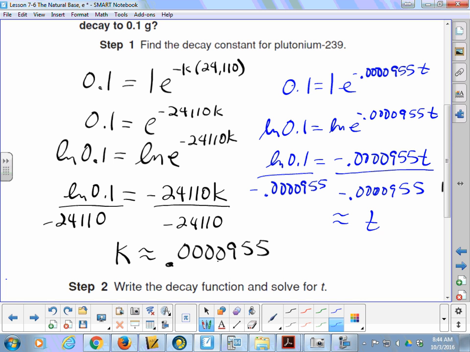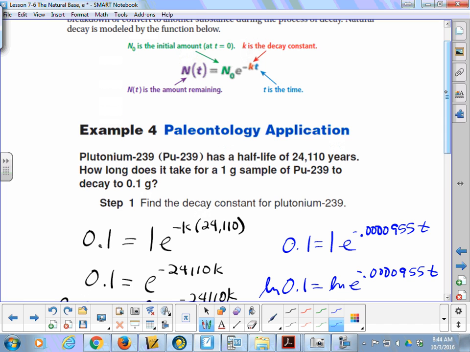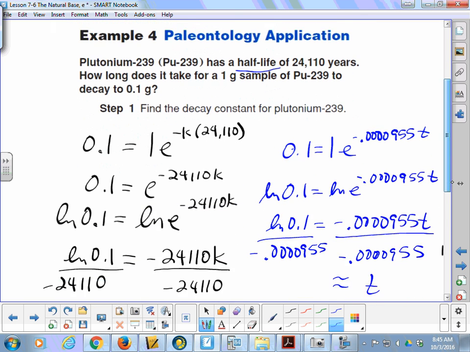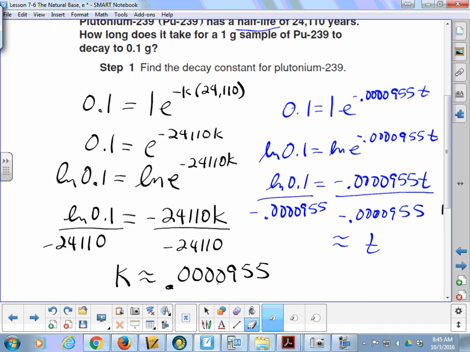Our time, 24,110, represented what? What does that represent? It represents the half-life, right? And I said that it represented getting it to 1/10, not to 0.5. So the mistake I made, my apologies to you all, is that this should have been 0.5, not 0.1.